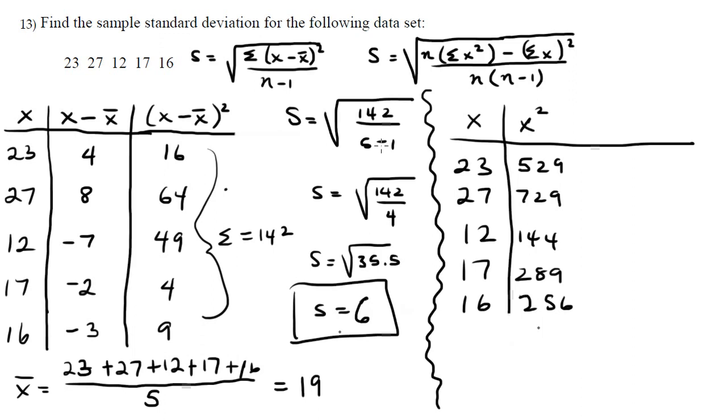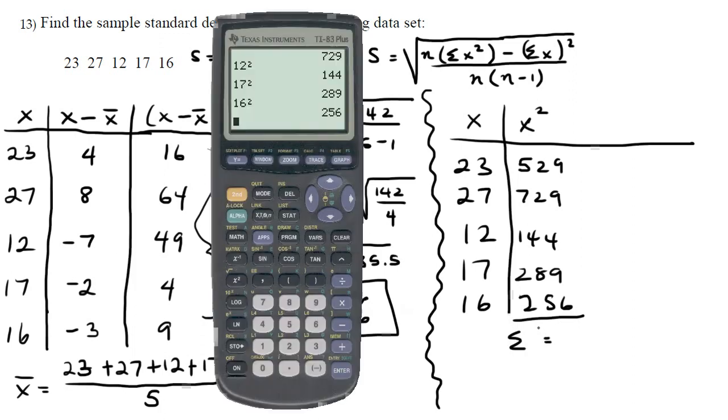I have to sum these. I probably should have did this better in the calculator, right? Would have been a little easier. So let's say 529 plus 729 plus 144 plus 289. 1947.